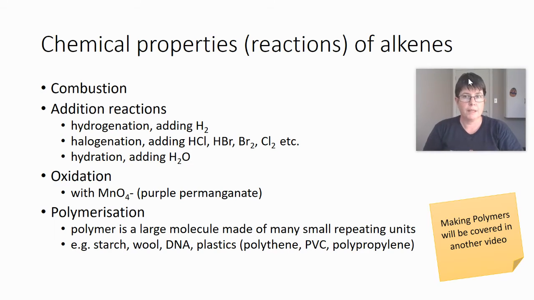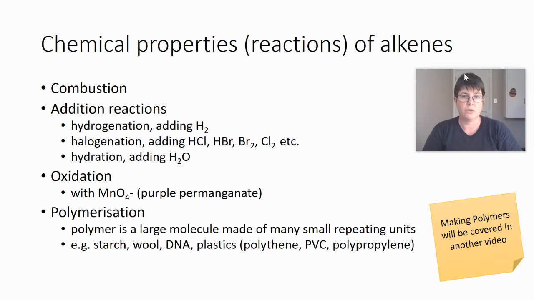The chemical properties of alkenes means what reactions you need to know that they undergo. The first one is combustion, and that's very similar to the alkane reaction. Then there's addition reactions. There's hydrogenation, which means adding hydrogen gas. Halogenation means adding a halogen to the alkene.